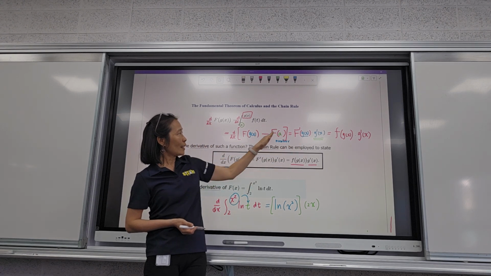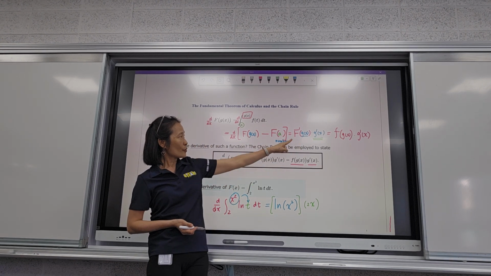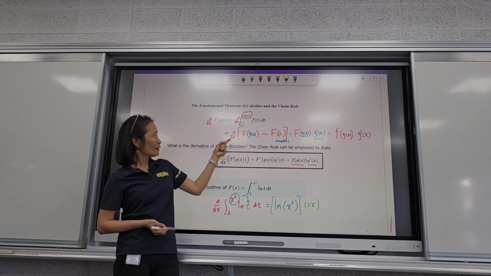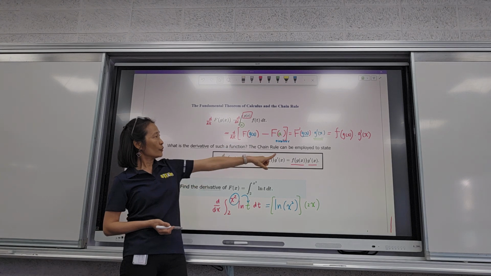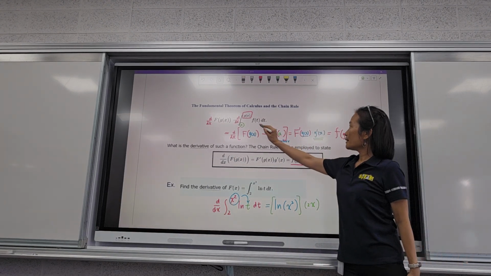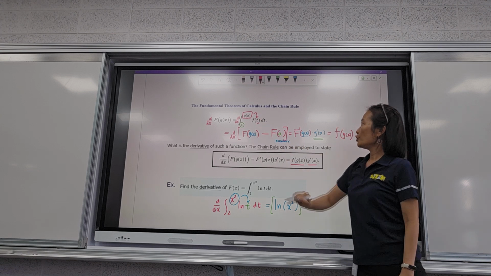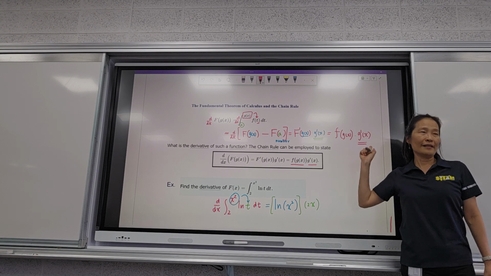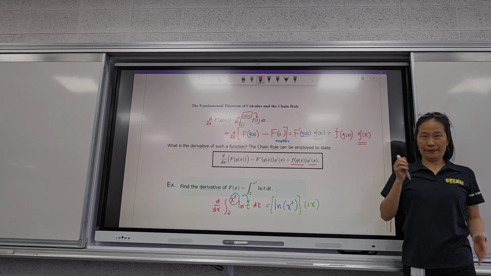Again, the derivative of a constant is 0. So what you end up with is f of g of x. You're still replacing t with g of x, but you need to add the derivative of the inside function, chain rule.